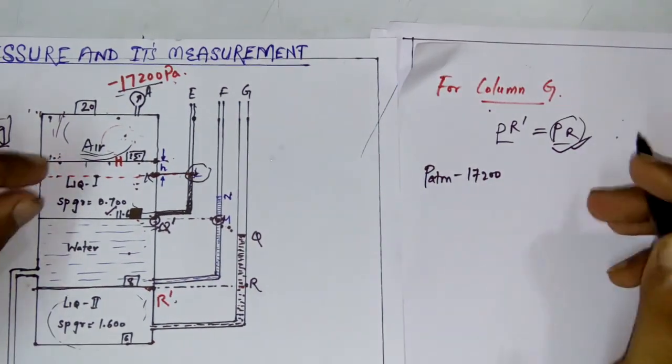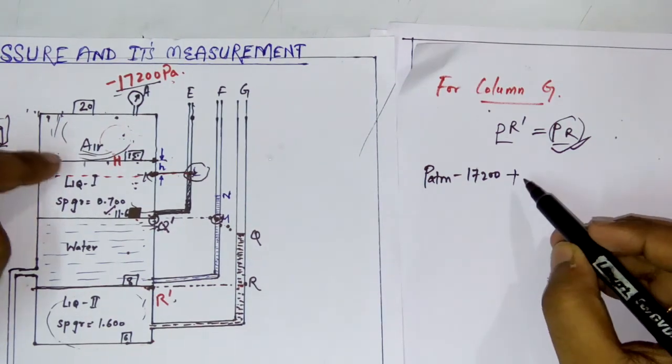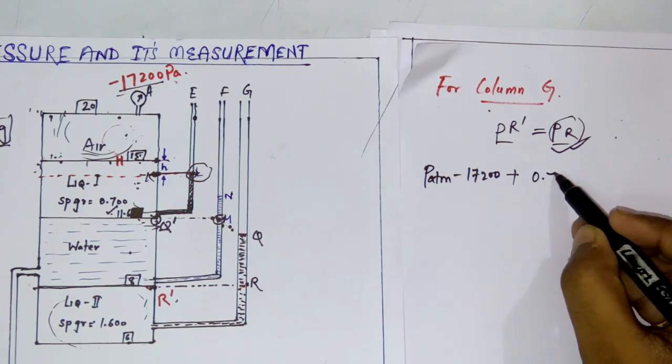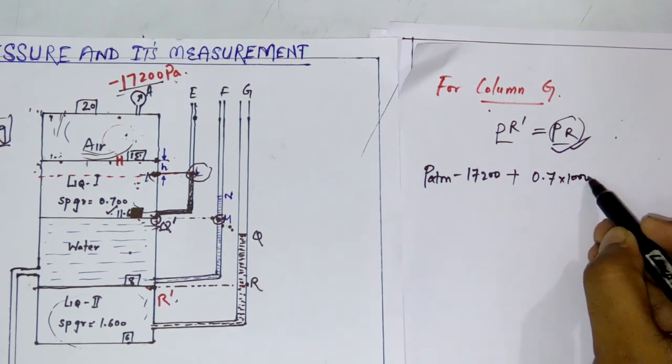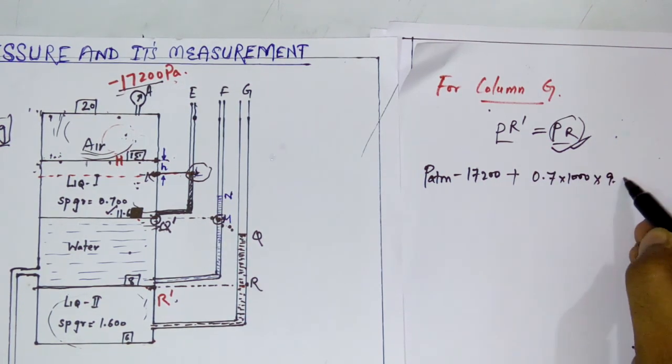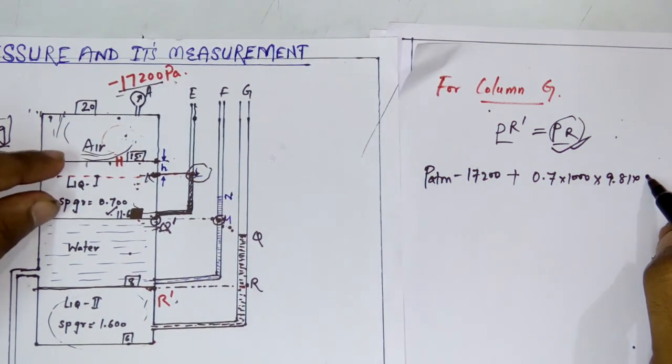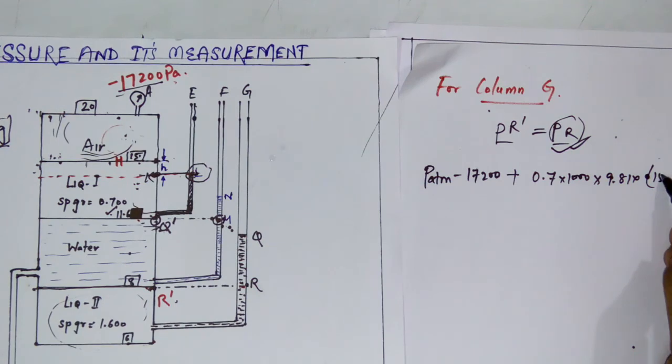What is the pressure due to this liquid 1? Due to this height of liquid 1, it is 0.7 into 1000, the density, multiplied by 9.81, into the height of liquid 1, which is 15 minus 11.6.